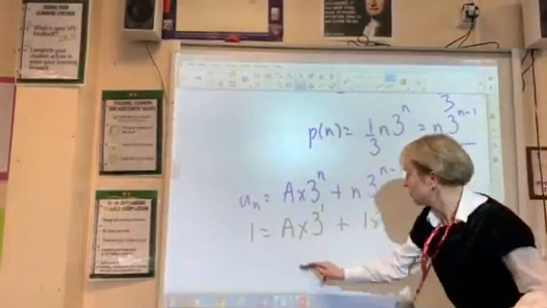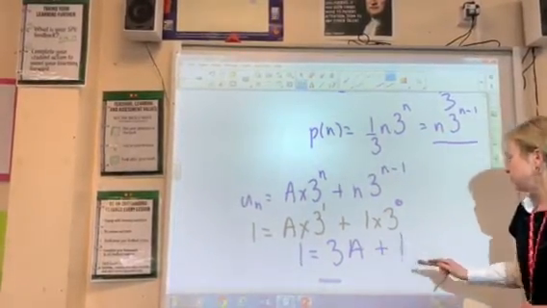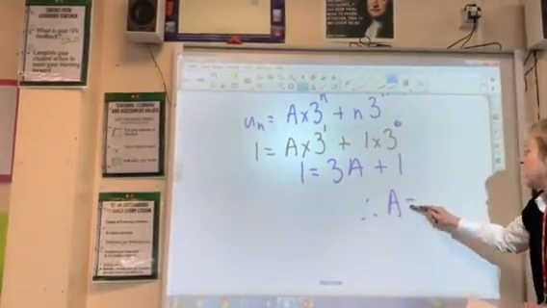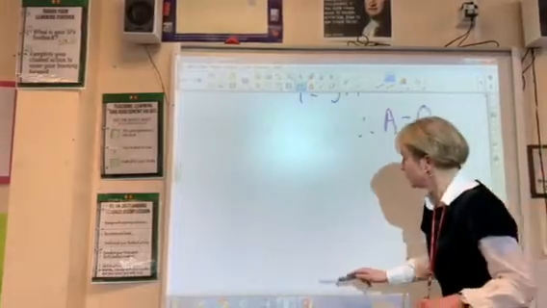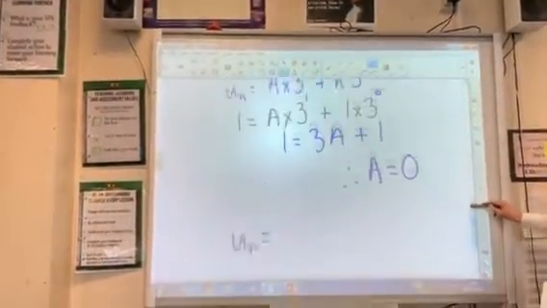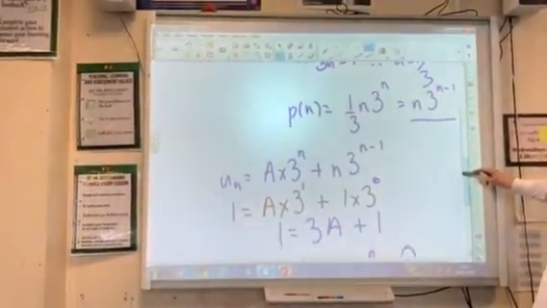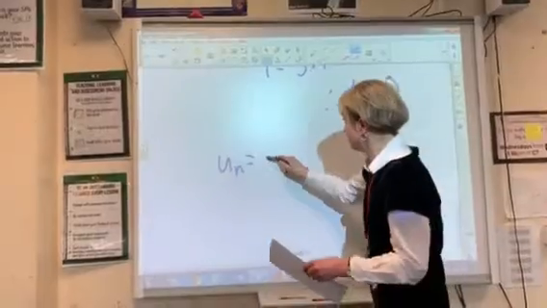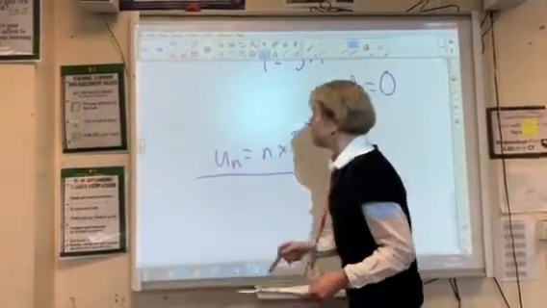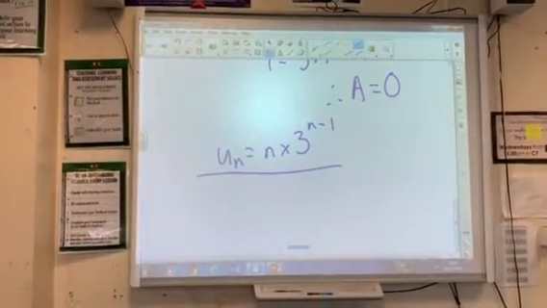So I'm going to end up with 1 is 3A plus 1. And I can see that A is going to be 0. So I'm going to end up with my nth term as n times 3 to the n minus 1. So that's the first part of the question. You've solved the recurrence relation.